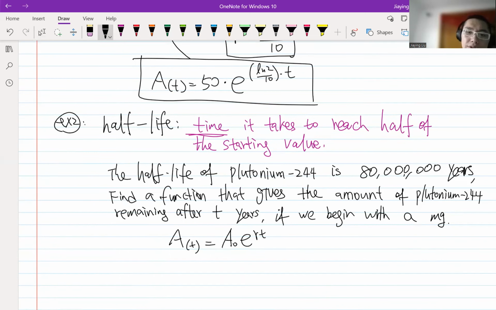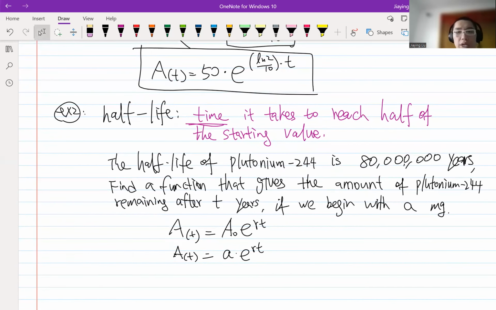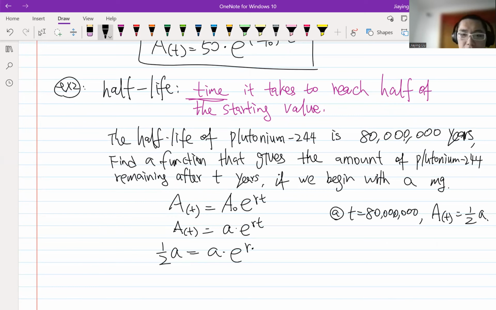So we plug in the initial value. A of t equals lowercase a times e to the rt. And then we know that after 80 million years, we're going to reach half of that amount. So at t equals 80 million, the amount A of t is equal to half of the initial, half of A. So we put that into this equation, and we get half of the amount we begin with is equal to A times e to the r times 80 million.